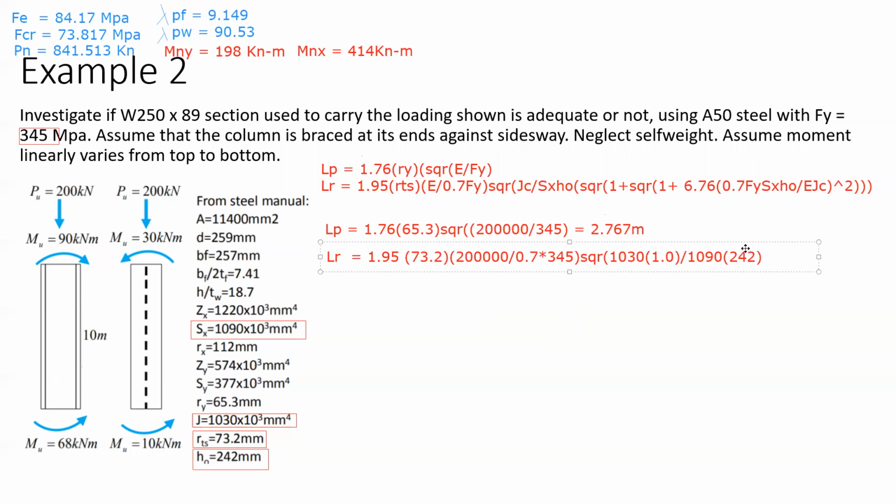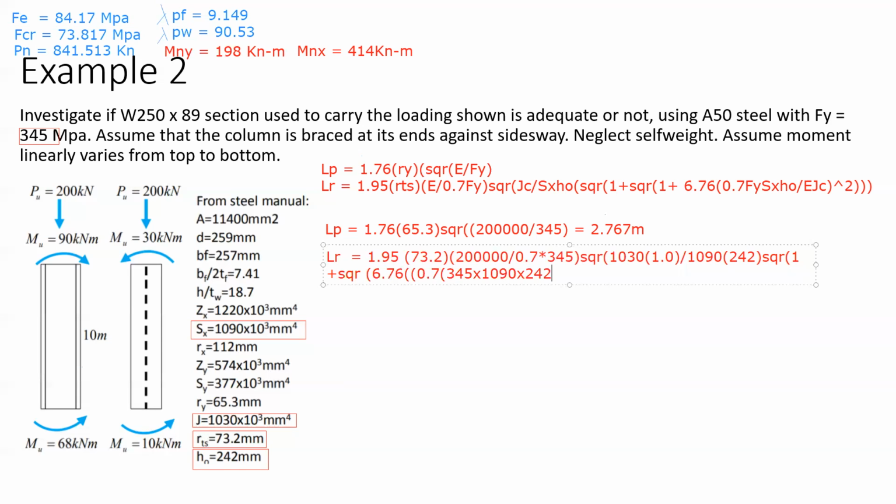So, times the square root of 1 plus the square root of 6.76, that is part of the equation, times 0.7 times FY, that is 345, times SX, that is 1090, times HO, yun yung 242.